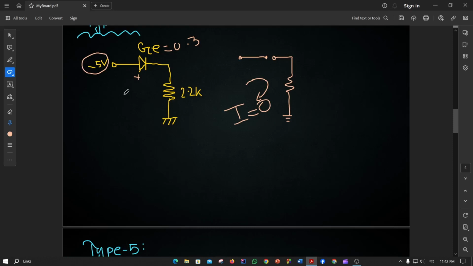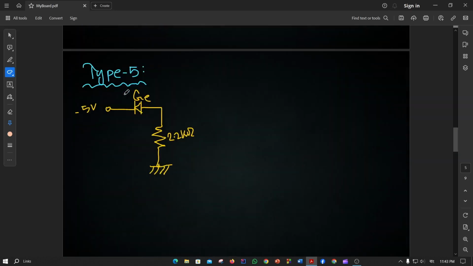Now we will move to type 4. Here you can see the minus 5 volt negative voltage goes through the germanium diode, which is also reversed, but because the voltage is negative, this is a forward bias.